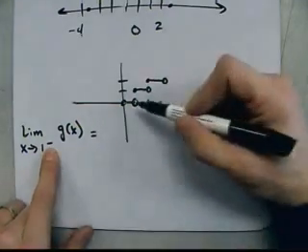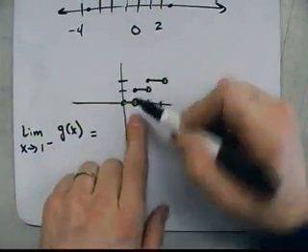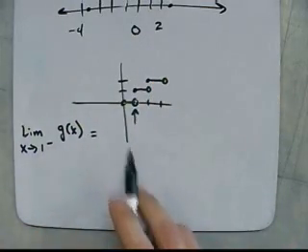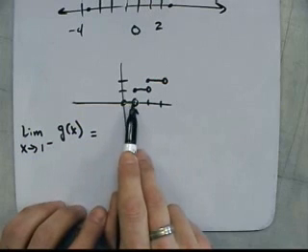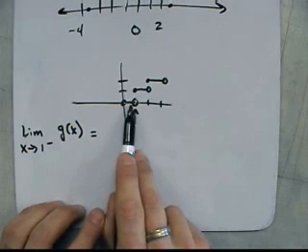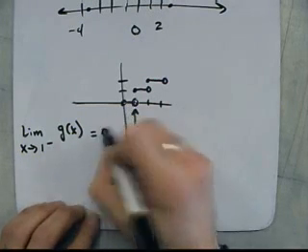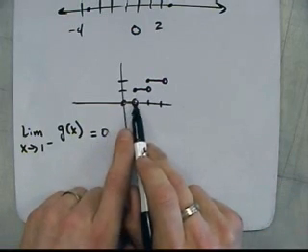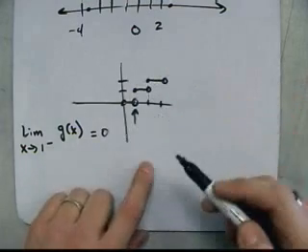Well, 1 is right here, right? This is my x value. As I approach this x value from the left side, I'm getting closer and closer to this value right here. So what number am I approaching? The y value is 0, right? I'm approaching 0 for my limit there. My height is 0 at that point.